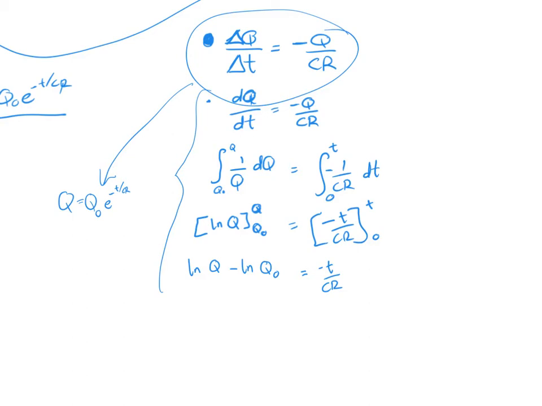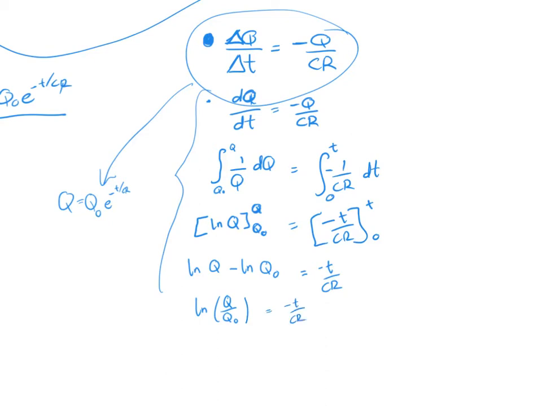Now with the logarithm rules that you should know, we have ln q over q naught. I will go into this in a second, more deeply, about the rules and what you should know about this, and that's equal to minus t over CR.